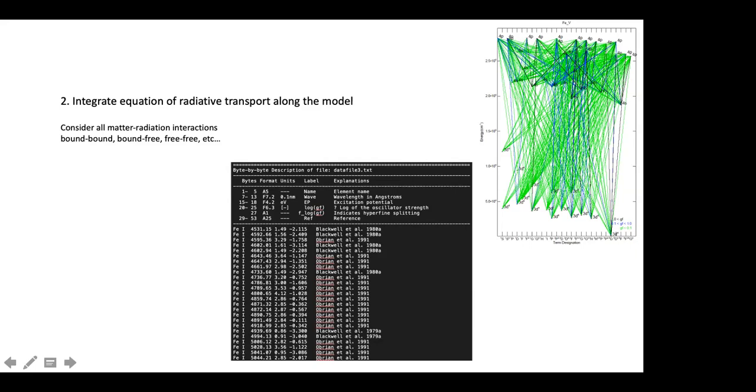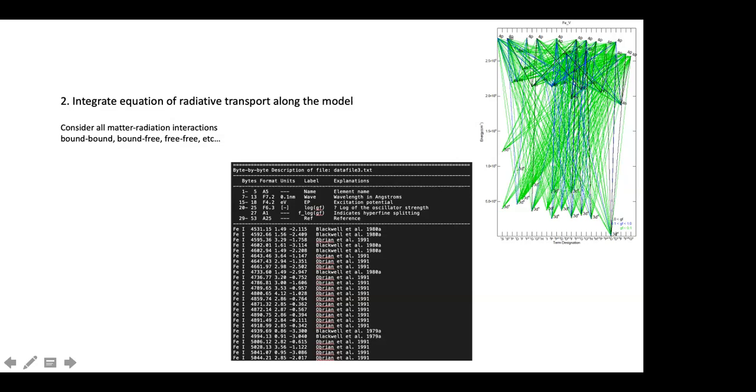All these are atomic lines, all the possible combinations of transitions between one electronic level and another. And with the model of an atom, you can build the possible lines and calculate the wavelengths and the probability of interaction.